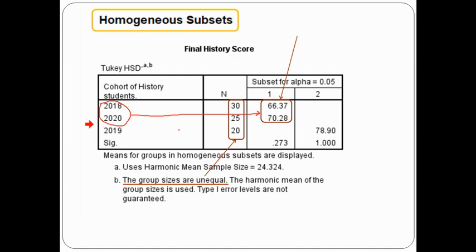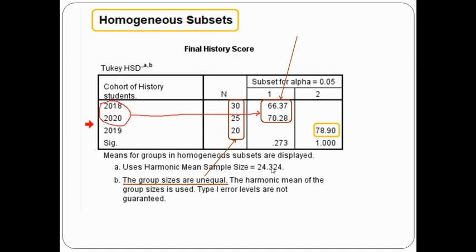And I would like to repeat, since the means for cohorts 2018 and 2020 appear together as a subset here, both cohorts did not significantly differ from each other. That's how we understand or make sense of the homogeneous subset table. When there is a subset like this, it simply means both groups did not differ on the history subject. Let's continue.